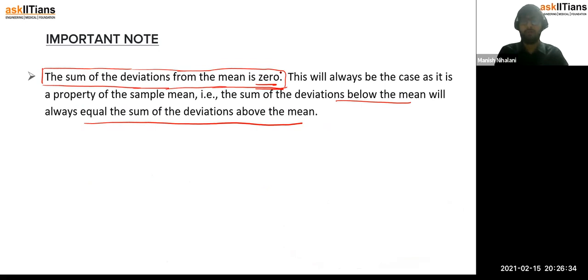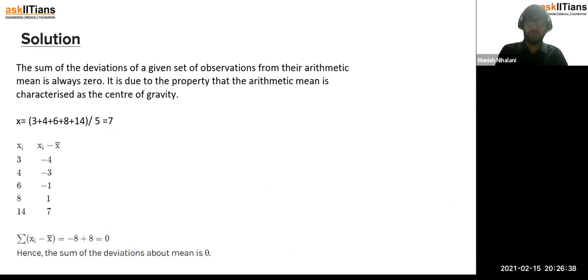So this is what we wanted to discuss in today's class. We also talked about continuous distribution. The mean was 7, and we calculated its mean deviations and added them, and got minus 8 plus 8 as 0.